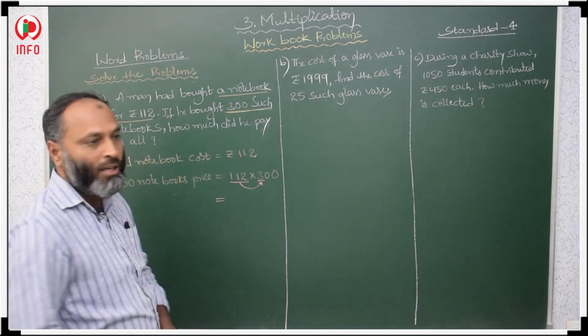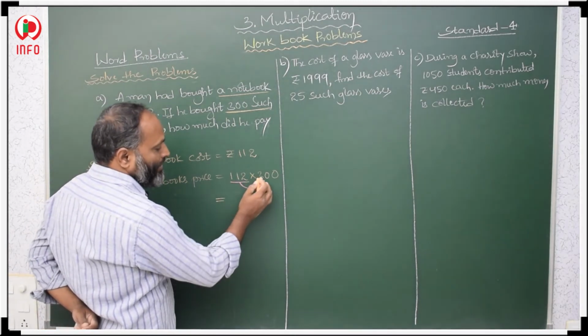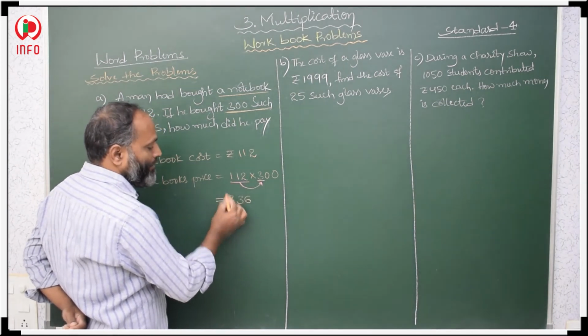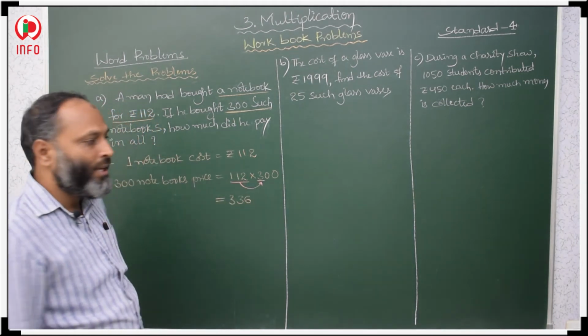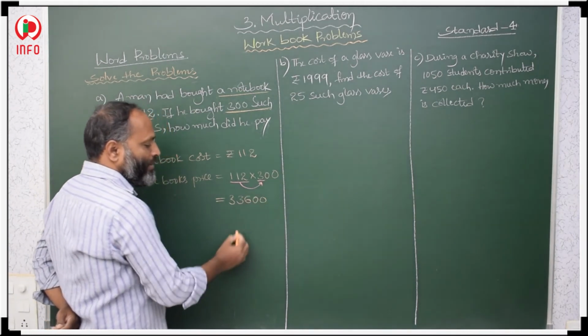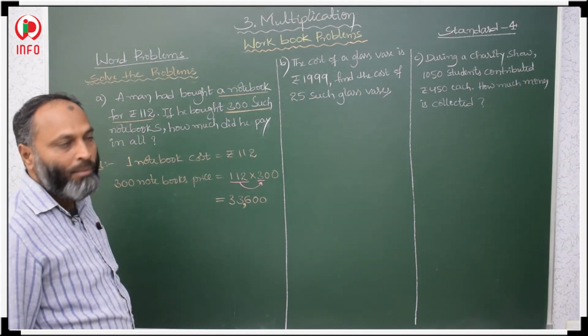112 with 3. First you have to multiply 3. 3 2s are 6. 3 1s are 3. 3 1s are 3. 336. How many zeros do we have? 2 zeros. Those 2 zeros you have to keep, and keep the comma after the ones period.